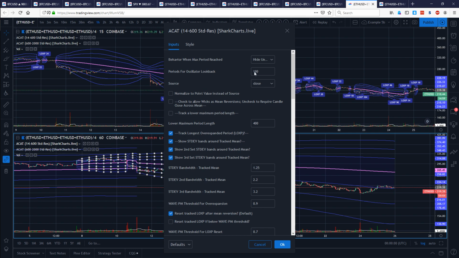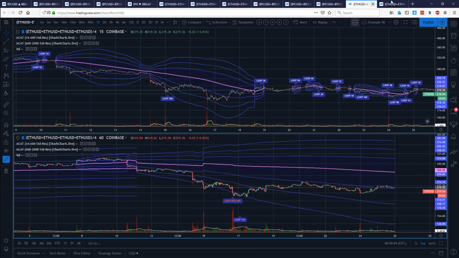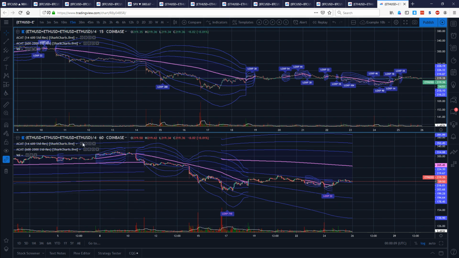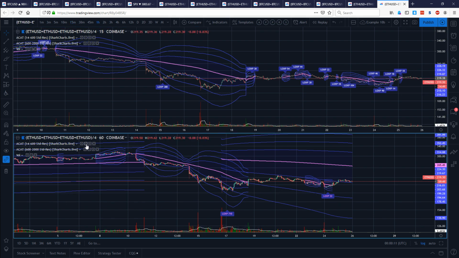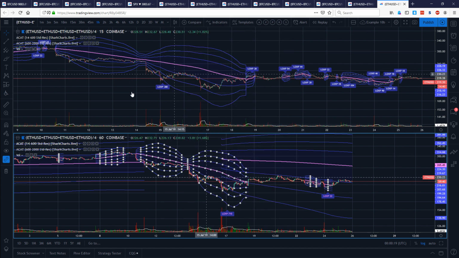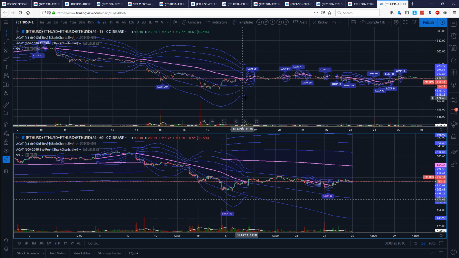But if we set this to 25, we instead get this picture where, now that we've set the 14 to 600 period to 25, we in fact get basically the same pattern that we had previously.